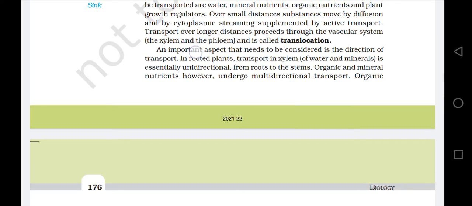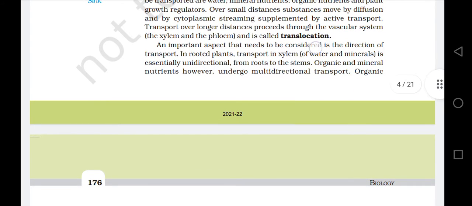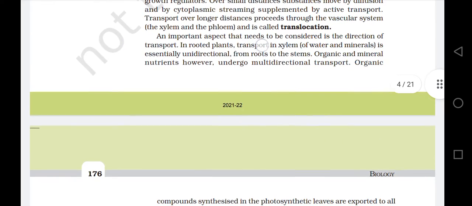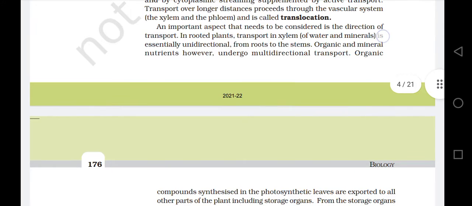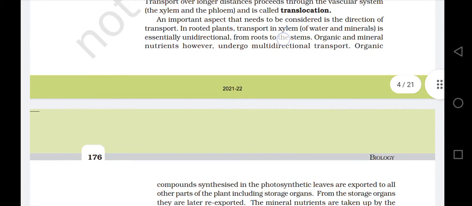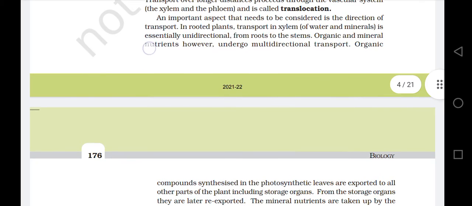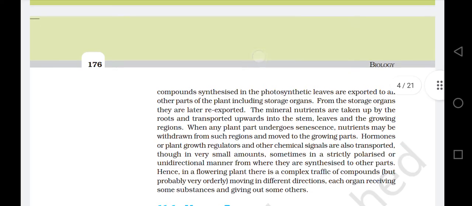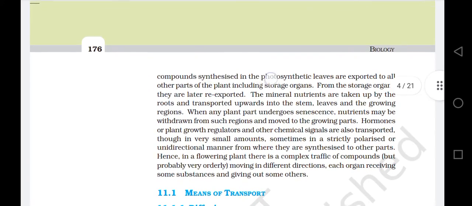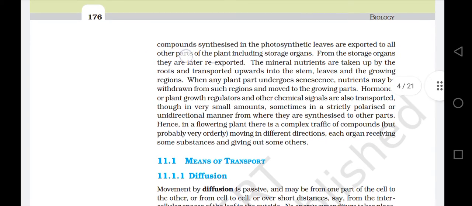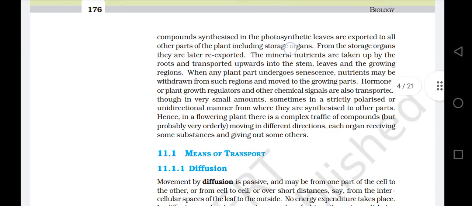An important aspect that needs to be considered is the direction of transport in rooted plants. Transport in xylem of water and minerals is essentially unidirectional, from roots to the stems. Organic and mineral nutrients, however, undergo multidirectional transport. Organic compounds synthesized in the photosynthetic leaves are exported to all other parts of the plant, including storage organs.